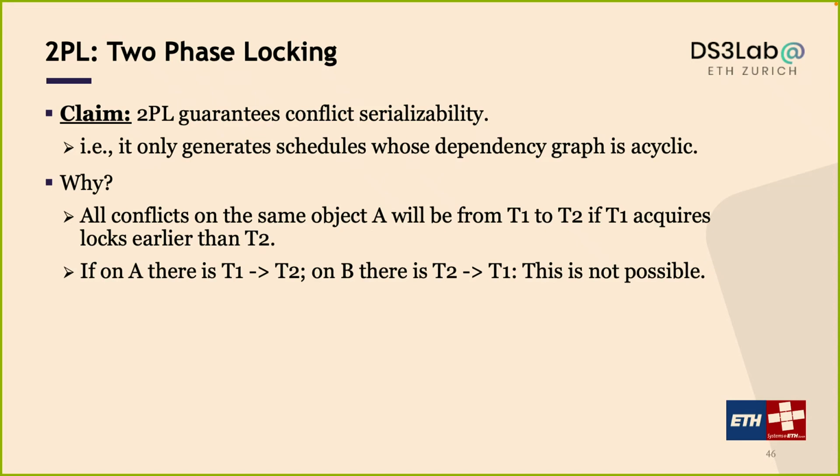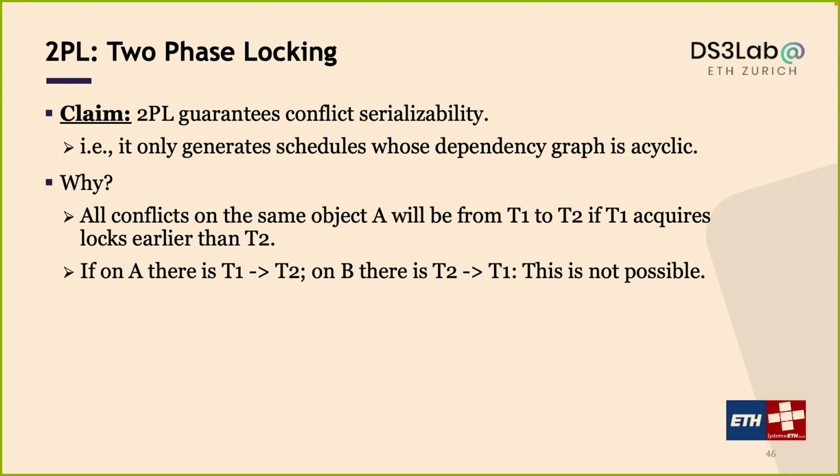Because there's no way T2 can start doing things before T1 releases the lock. And once T1 releases the lock, it cannot acquire locks anymore, so it cannot do anything on B. So because you have this growing and shrinking phase, this case is not possible.